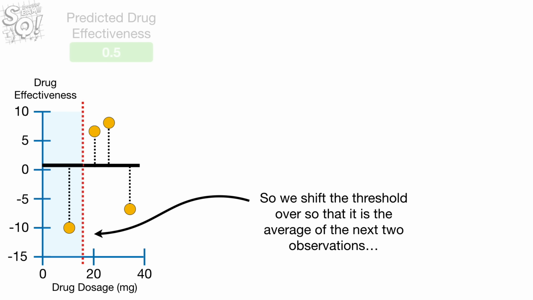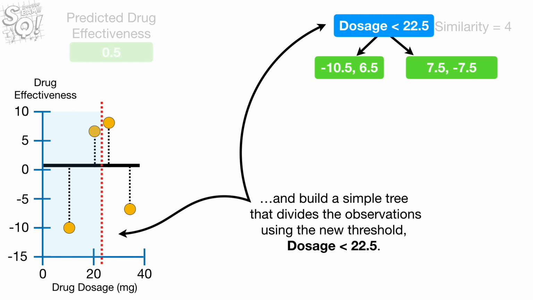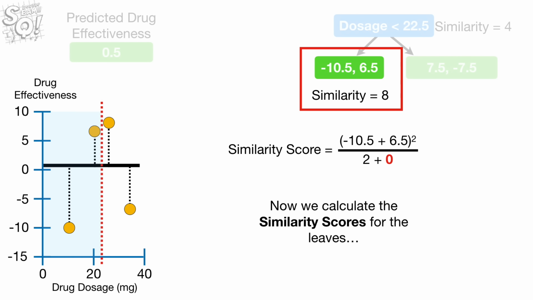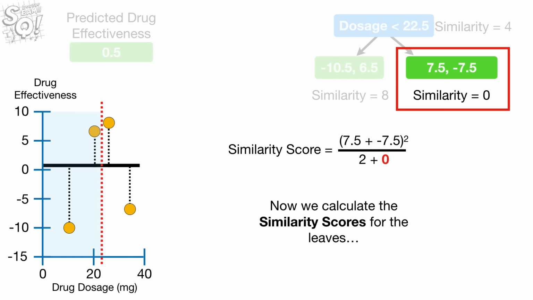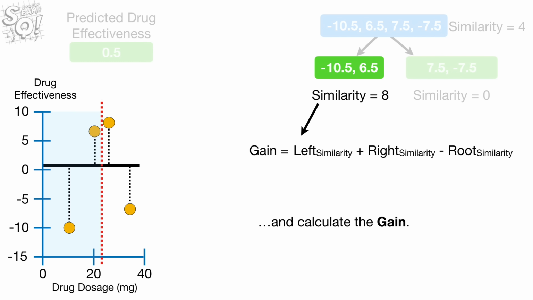So we shift the threshold over so that it is the average of the next two observations, and build a simple tree that divides the observations using the new threshold, dosage less than 22.5. Now we calculate the similarity scores for the leaves and calculate the gain.